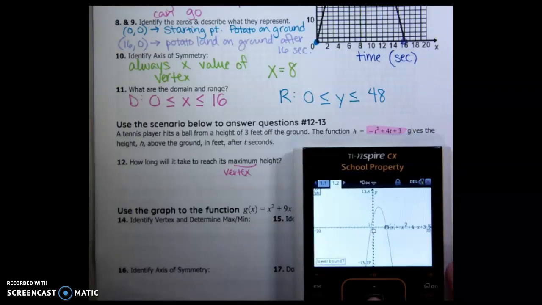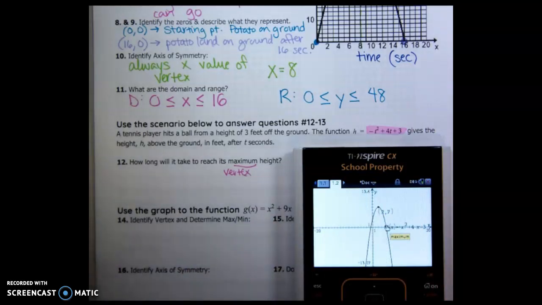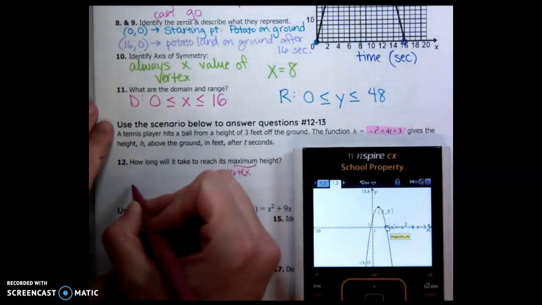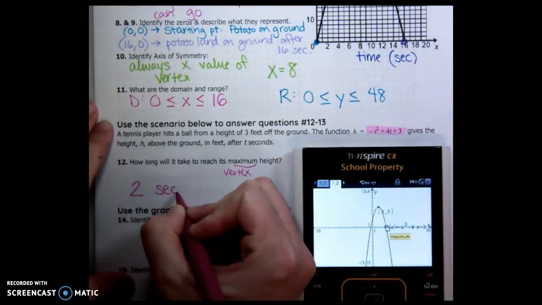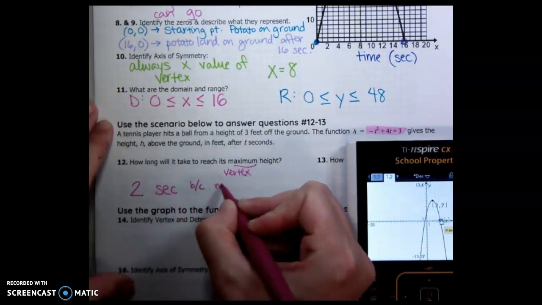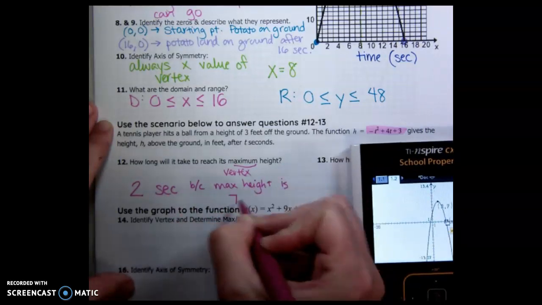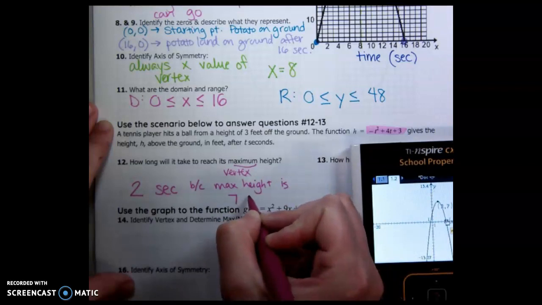Now all I have to do is highlight the maximum point. Alright, so this vertex is (2, 7). That means it takes 2 seconds for it to reach its maximum height, because max height is 7 feet.